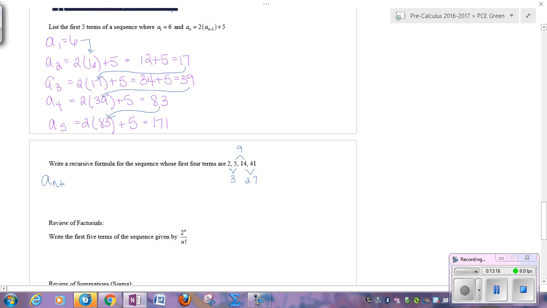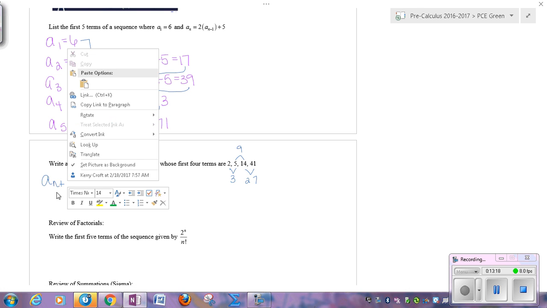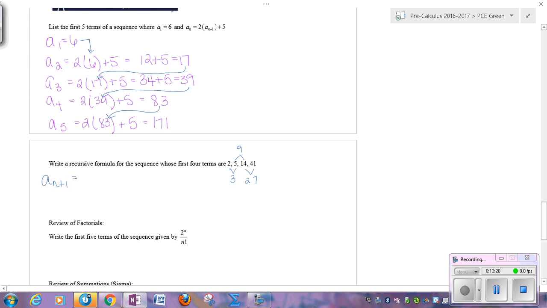So I started with a sub n plus 1, and I said if I take the term before it, which would be a sub n, what if I do 3 times the term before it?